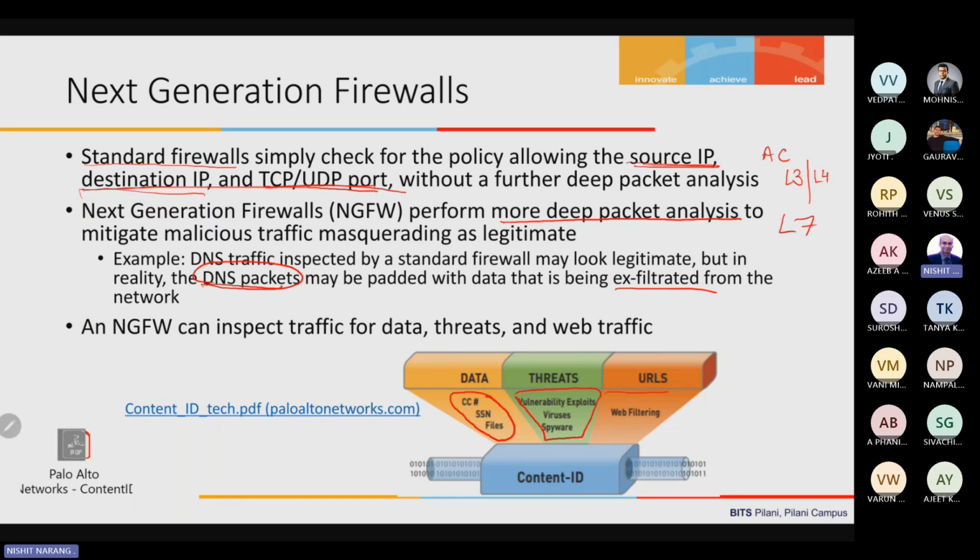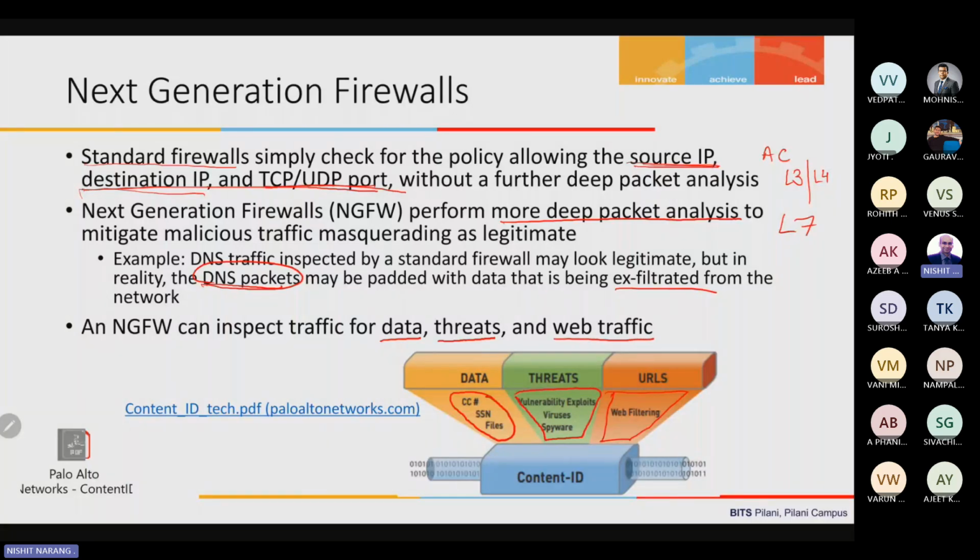Is it carrying URLs which are pointing to malicious websites? So an NGFW can go deeper inside the packet, way beyond the layer 3 and layer 4 headers, and look at the application payload to inspect the traffic for confidential data leaks, for any viruses or spyware related threats, or any malicious URLs that are being received.